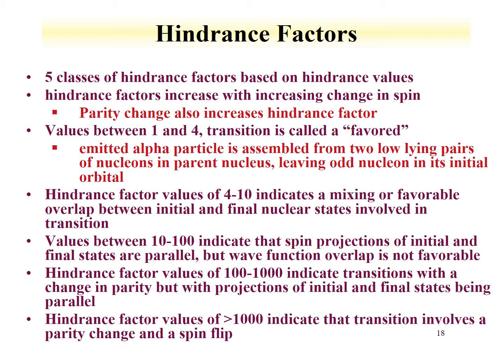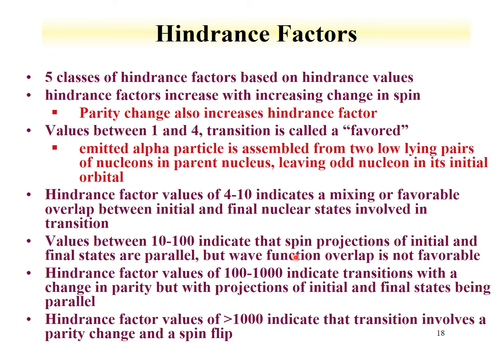If you have a hindrance factor between 1 and 4, the transition is a favored transition, so the emitted alpha particle is from 2 low-lying pairs of nucleons. Hindrance factors between 4 and 10 indicate a mixing or favorable overlap between initial and final nuclear states. 10 to 100 usually means that the spins of the initial and final states are the same, but the wave function overlap is not favorable.